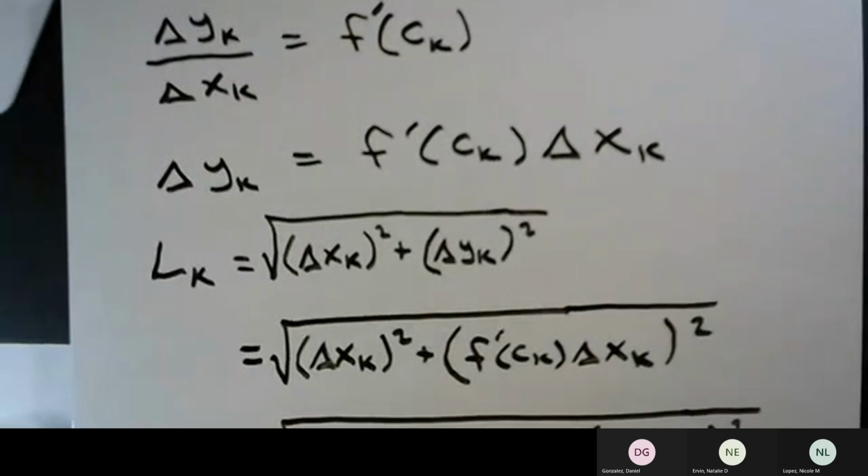or 2/27 u to the 3/2 from 1 to 10. 10 to the 3/2 minus 2/27 times 1 to the 3/2, or 2/27 times 10 to the 3/2 minus 2/27.